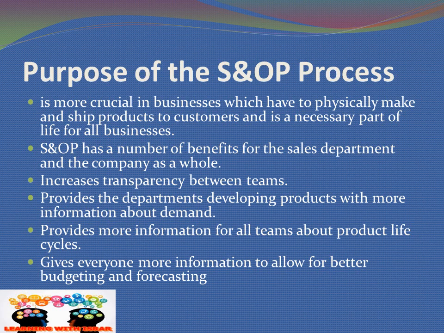S&OP has a number of benefits for the sales department and the company as a whole. It increases transparency, develops products with more information about demand, provides more information for all teams about product life cycles, and gives everyone more information to allow for better budgeting and forecasting. So basically our whole planning of operations depends upon sales and operations planning.